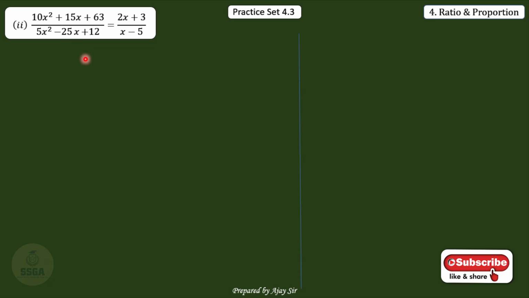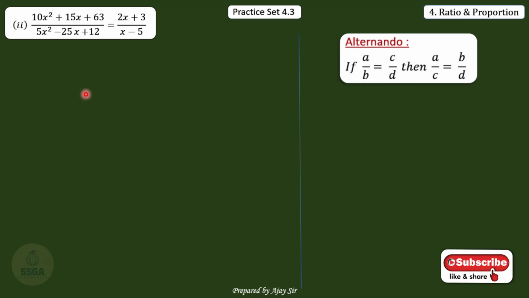So by using the property of alternando, we will shift the numerator to the denominator and denominator to the numerator place. That is our first question as it is, that is x square plus 15x plus 63.